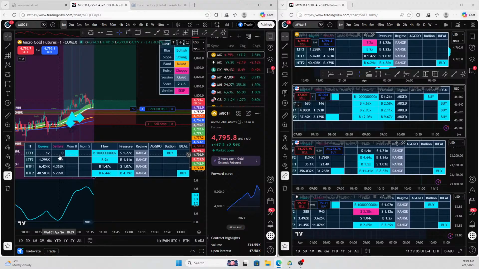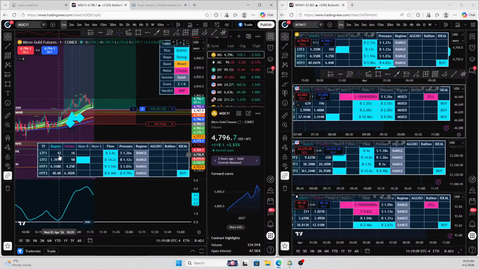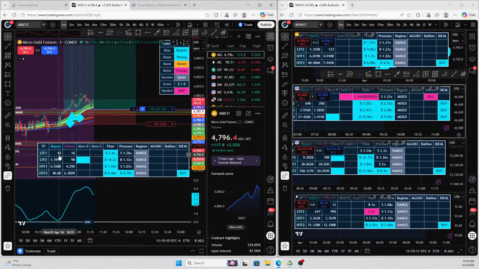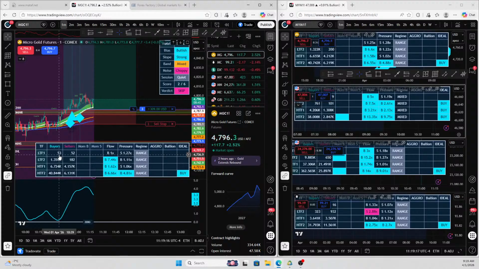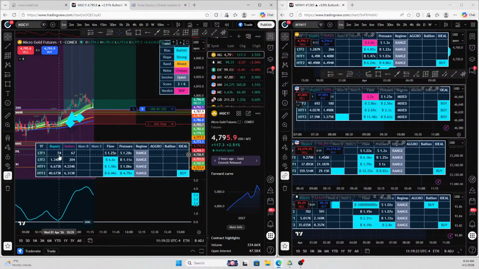Okay. Cargo shippings are getting opened up again, so this is bullish as well. Let's see if we can see gold continue pushing up. Yeah, volume is still heavy on the buy side.